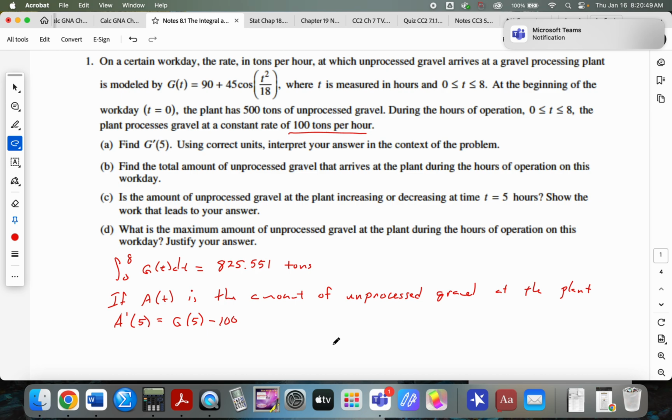Right, because g is the rate at which it's coming in, and 100 is the rate at which we're changing it from unprocessed gravel to processed gravel.